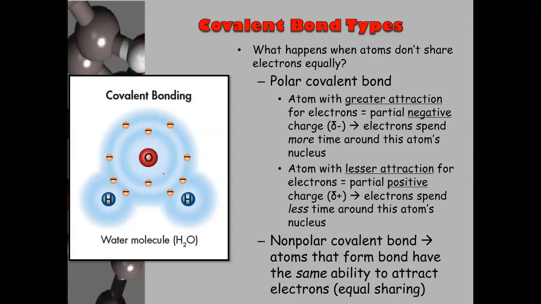So if I come back over here to my water example, oxygen is this big honkin' atom. It's got a stronger ability to hang on to those electrons around its nucleus more of the time than these small little hydrogens. And so what ends up happening is this side of the molecule ends up with that partial negative charge, because it's hanging on to those electrons more. The hydrogens, on the other hand, end up with partial positives.